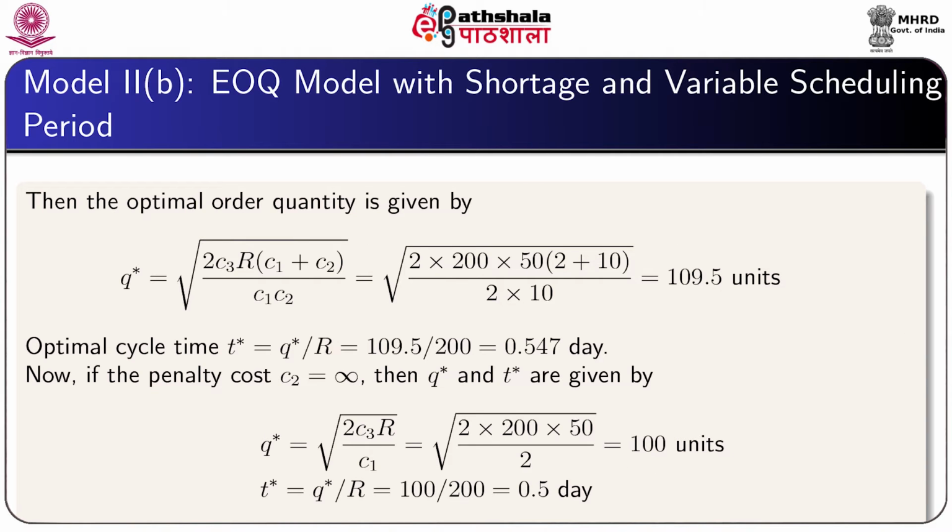Then the optimum order quantity can be obtained as Q* = √(2C3R(C1+C2)/(C1C2)), which is equal to 109.5 units, and the optimal cycle time T*, which will be equal to Q*/R, gives 0.547 day. Now, if the penalty cost C2 is taken as infinity, then the values of Q* and T* are 100 units and 0.5 day respectively.